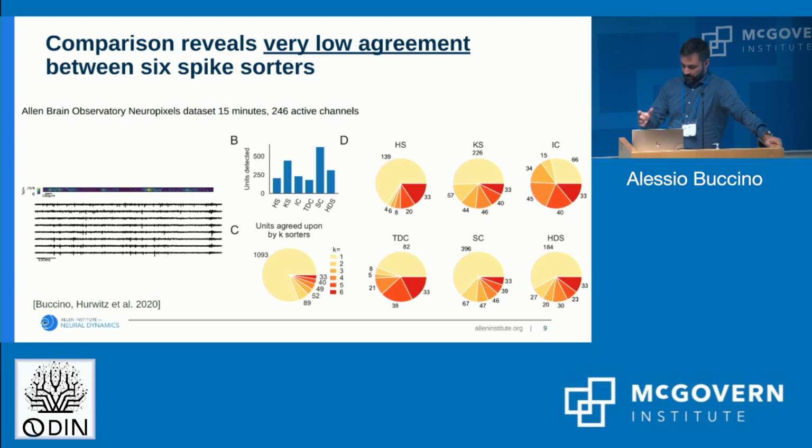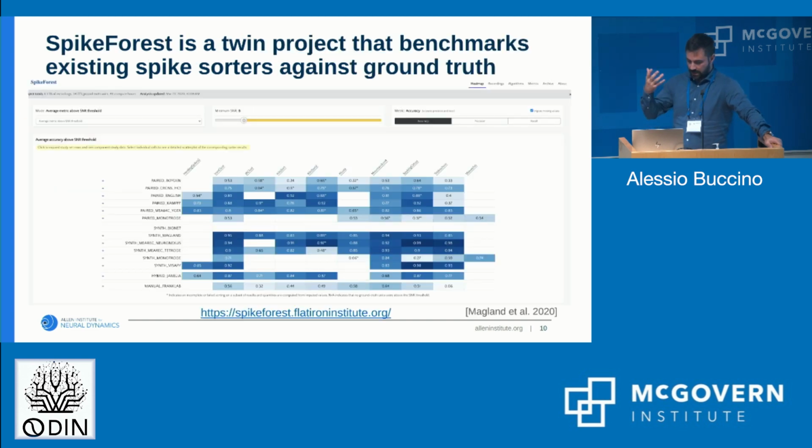So then we kept collaborating with the Flatiron Institute, and they actually led this effort. It's called SpikeForest, and basically we gathered over 1.3 terabytes of ground truth datasets, so either paired recordings with ground truth patch clamp or juxtacellular recordings, or simulated data, some hand-curated data.